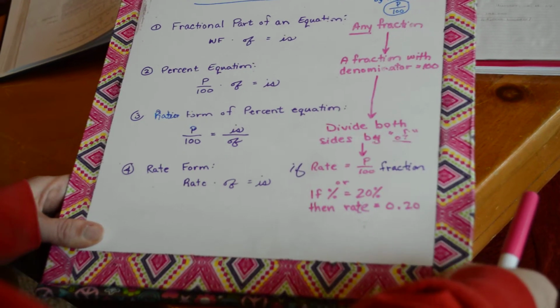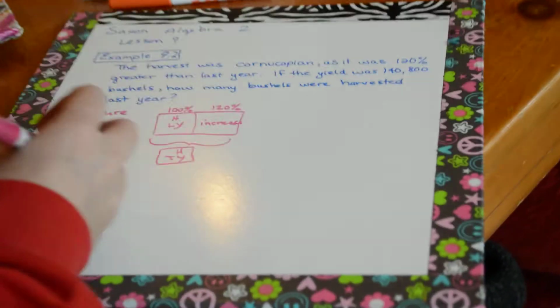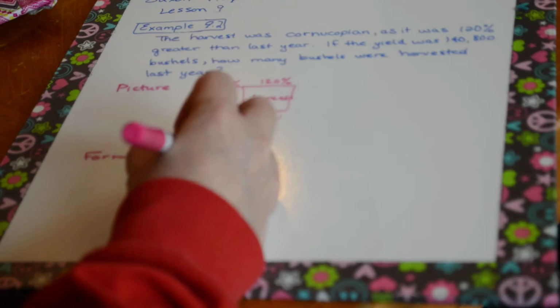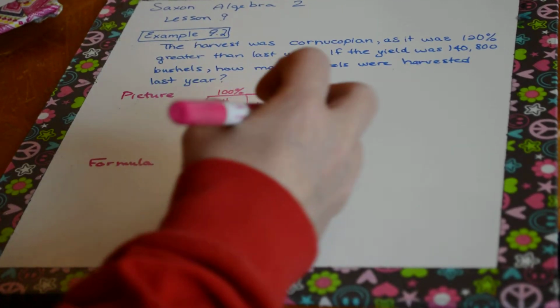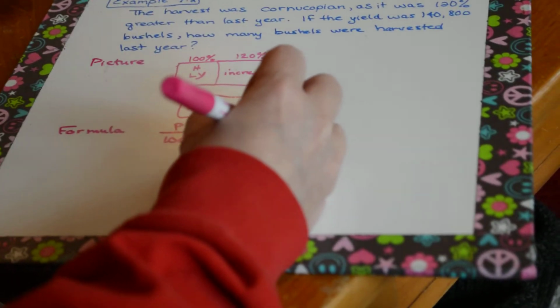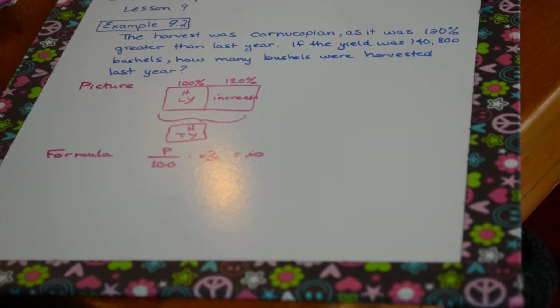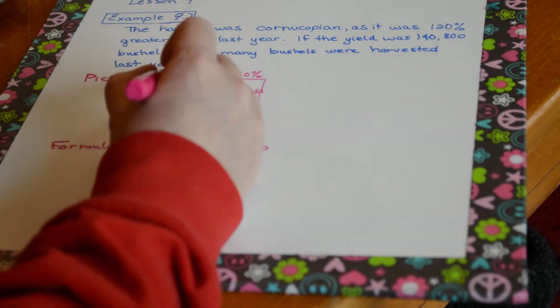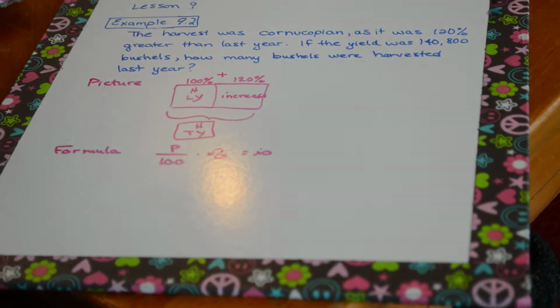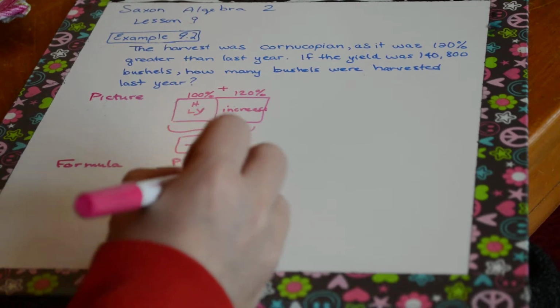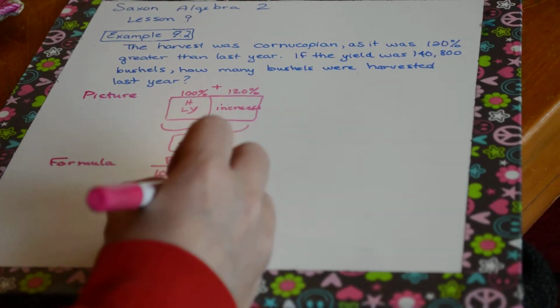P over 100 times of equals is. So write up my formula. Part is P over 100 times of equals is. And in this formula, I actually have 100% plus 120%, and so I have 220 over 100.